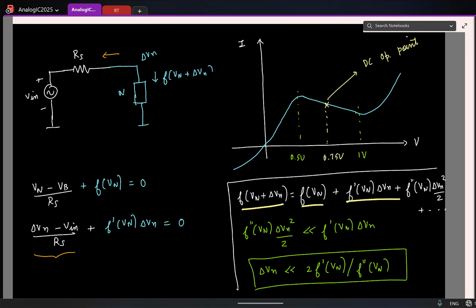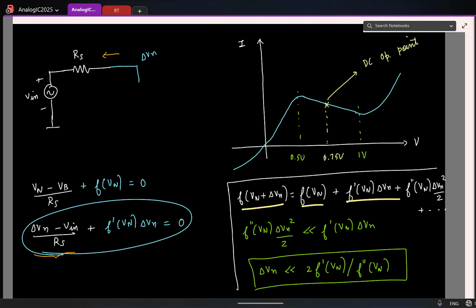The second term just says delta Vn times a constant. So if I were to redraw the circuit, okay, if it's confusing, think of it this way. You're okay that we have to solve this equation. I'm trying to make a circuit representing this equation.